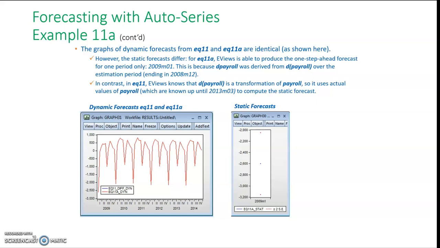This is because D payroll was derived from the D payroll over the estimation period ending in 2008 month 12. In contrast, in equation 11, eViews knows that D payroll is a transformation of payroll, so it uses actual values of payroll which are known up to 2013 month 3 to compute the static forecast.